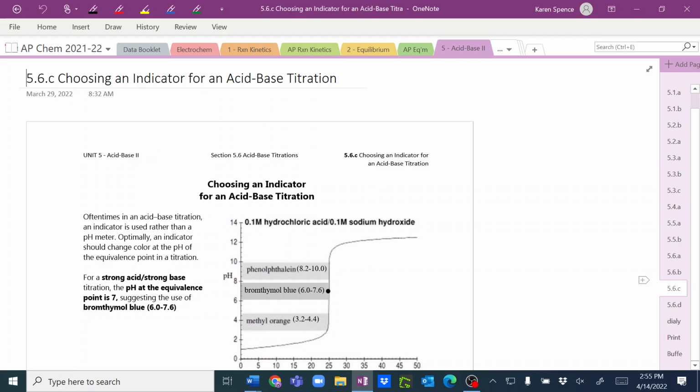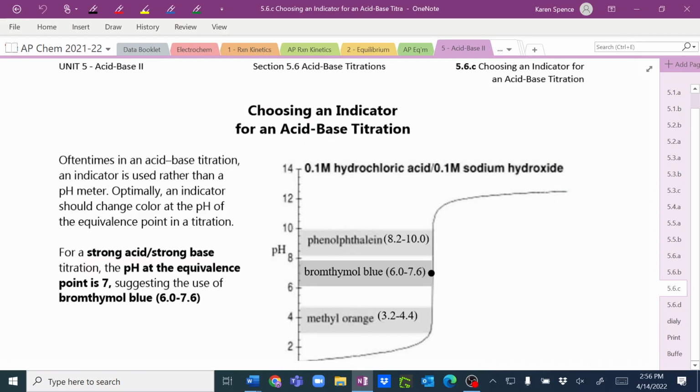Okay? So, oftentimes in an acid-base titration, an indicator is used rather than a pH meter. Optimally, an indicator should change color at the pH of the equivalence point. Yes?